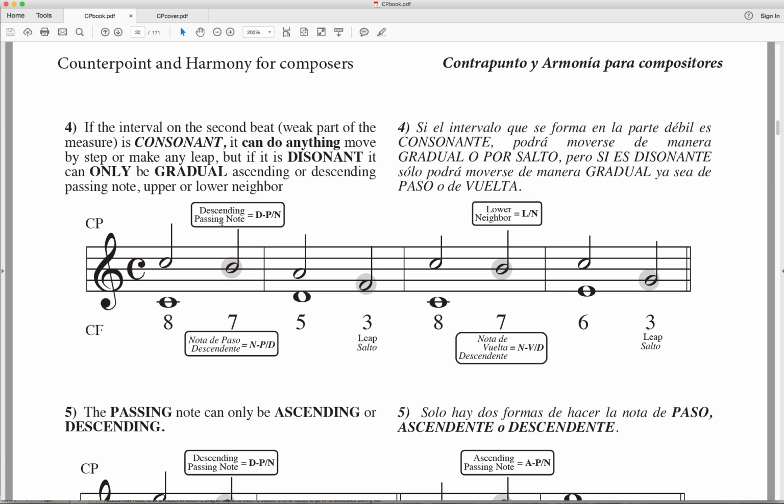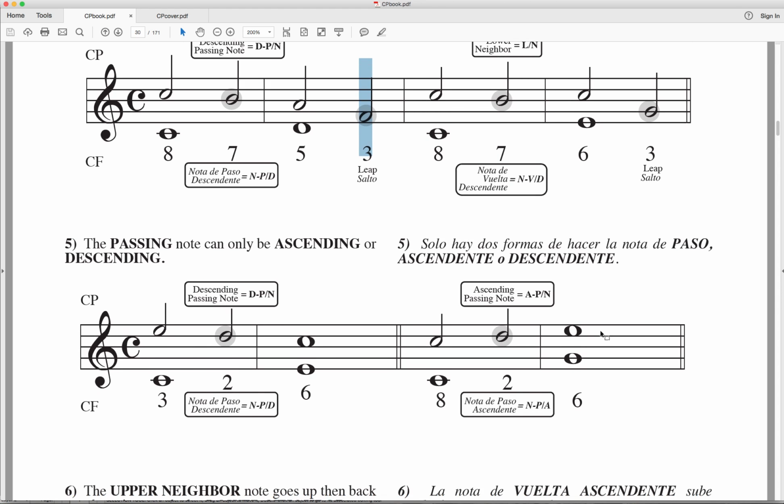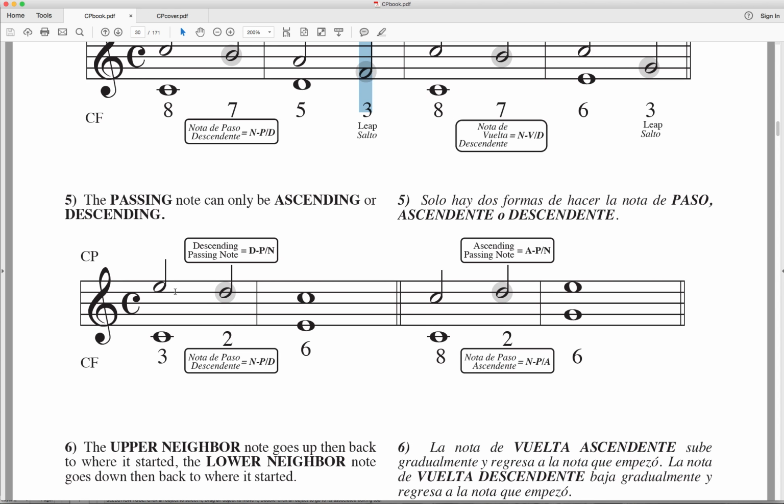And this one is a descending passing note. It could be ascending, and it could also be a neighbor, a lower neighbor or an upper neighbor. If it's a consonant interval, it may jump. It doesn't have to be gradual. Okay, like on this one, it's a descending passing note.